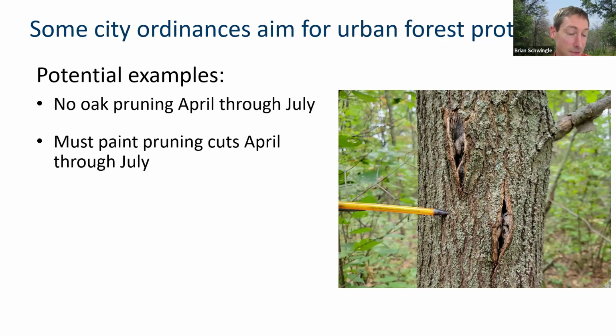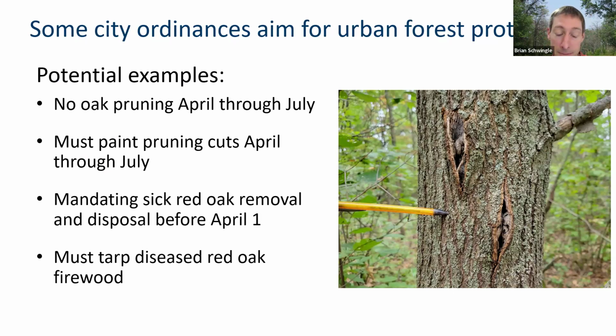It might say something like no pruning of oaks April through July unless you apply a pruning paint to those wounds. They might mark your trees if they have oak wilt and write you a letter and say you have to cut this down and dispose of this properly before the next April.